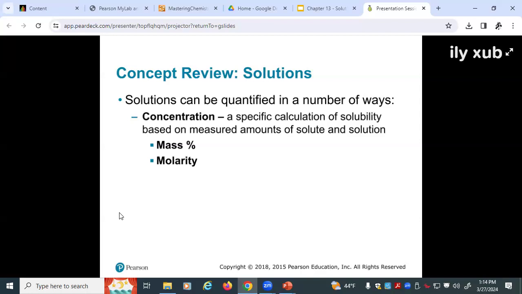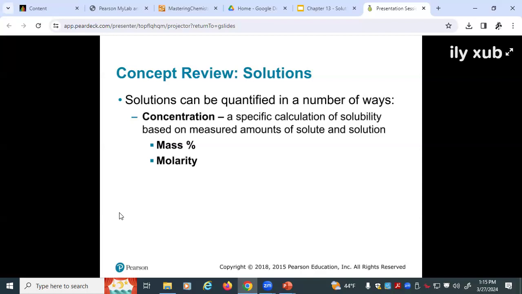So when it comes to concentration, this is another way of quantifying solubility, but doing so more with numbers rather than with descriptions. And for our purposes, there are two different kinds of concentration units. There's mass percent, and then there's molarity.